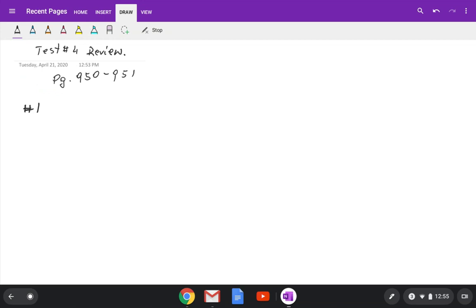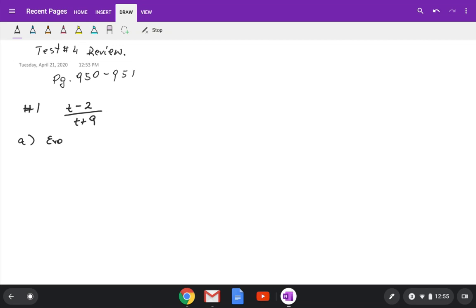Number 1, for the rational expression t minus 2 over t plus 9, they're asking a couple of things. A, you need to evaluate the expression if possible.